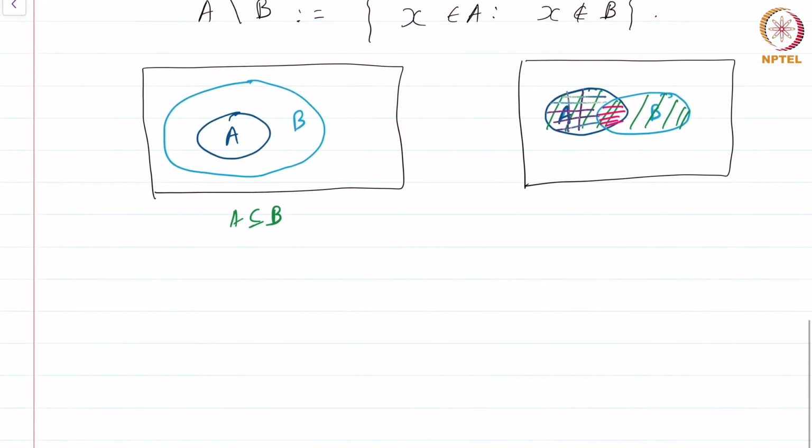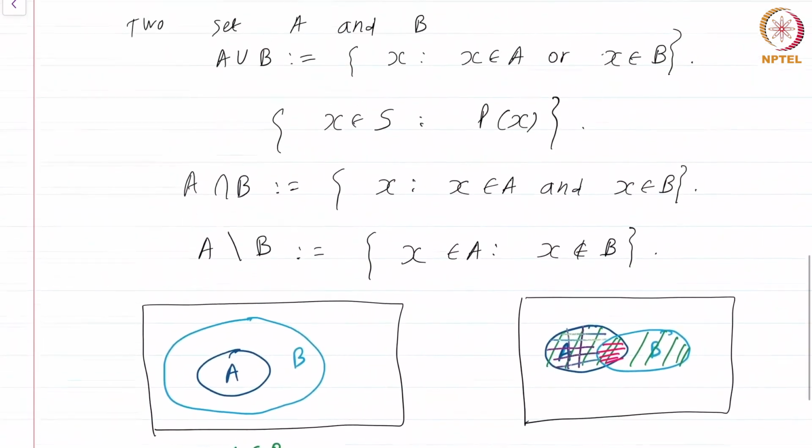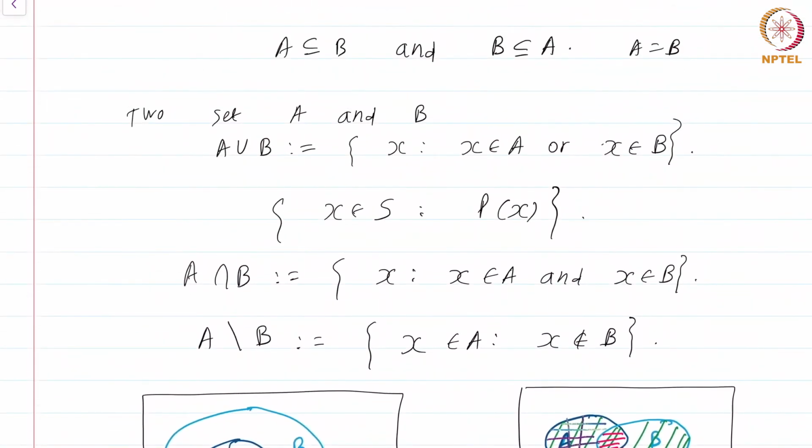Now, I will not bore you further with details about set theory, but let me make a remark. We had talked about sets being defined by properties, and we have used words like or, and. What do all these mean? Well, I am taking it for granted that you are familiar with the meanings of these terms from your class 11 and class 12 knowledge of set theory.